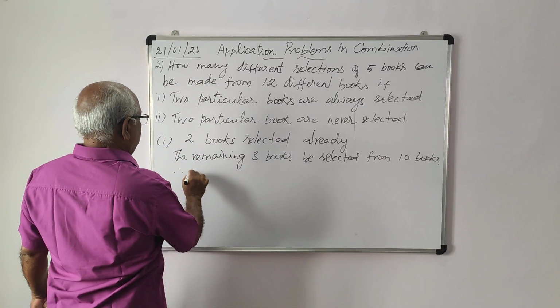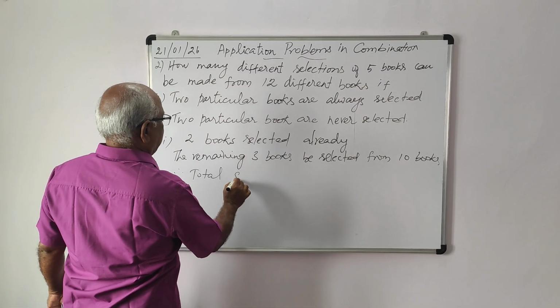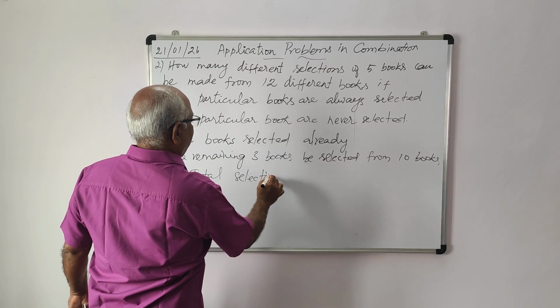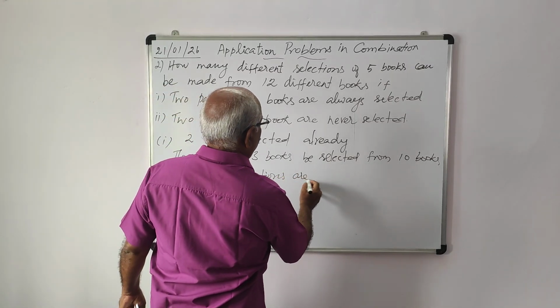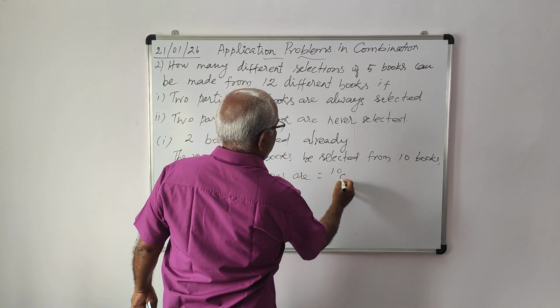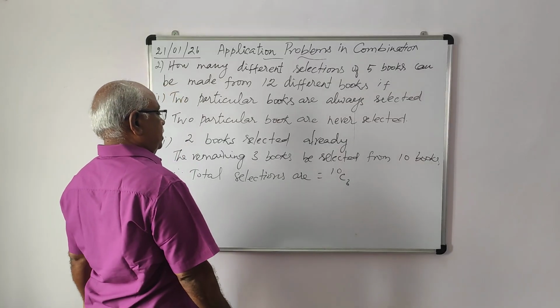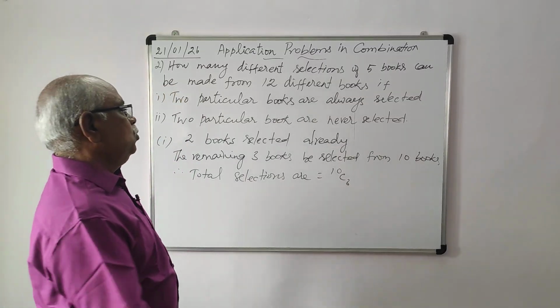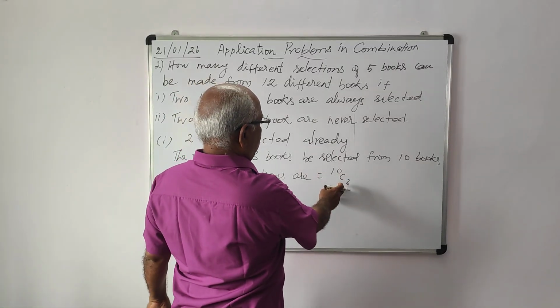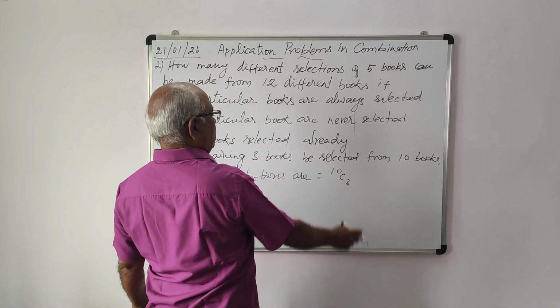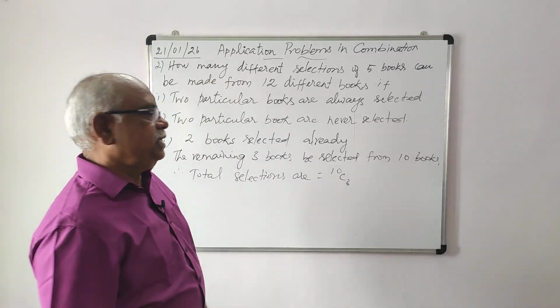So the total selections are 10C3 only, because 2 books have been selected already. Therefore, 3 books should be selected from the 10 books, and the number of selections is 10C3.